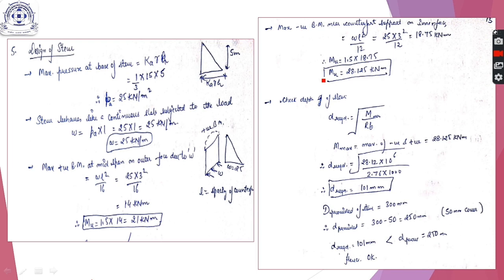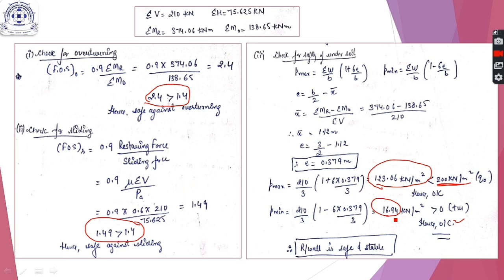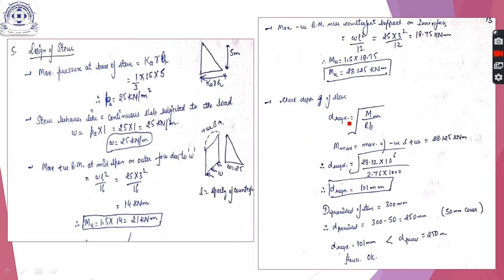So we will apply check for the depth of stem. Here in the previous step, we have taken the thickness of stem to be 0.3 meters. So we will check whether this thickness will be sufficient to support the moments or not. We take the maximum of these two values, because the maximum value will lead to maximum thickness required.